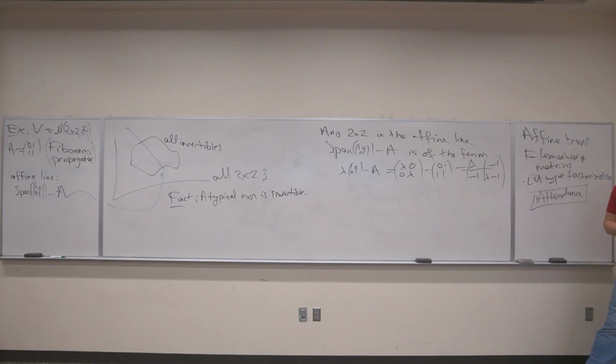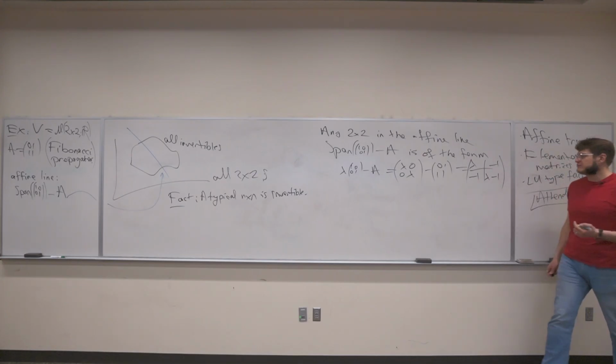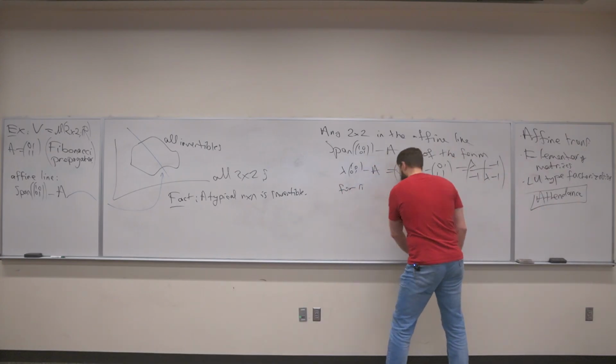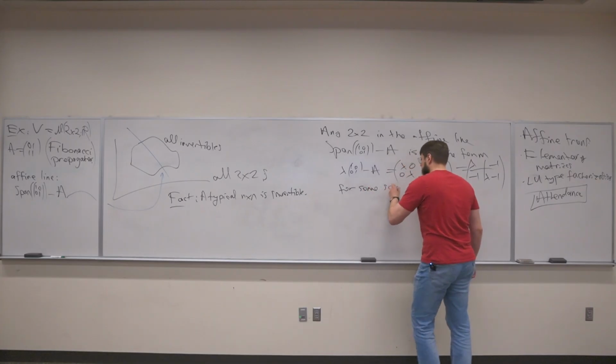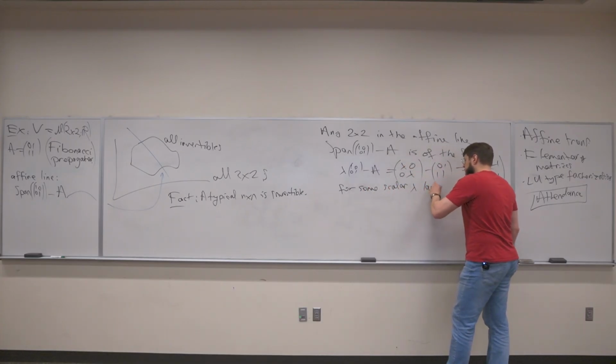So this is a 2 by 2 matrix that depends on one scalar lambda, for some scalar lambda.